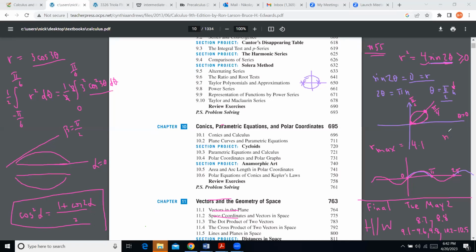And indeed, sine of 2 theta is 1 when 2 theta is pi over 2 plus the period, of course, 2 pi n. So theta is pi over 4.